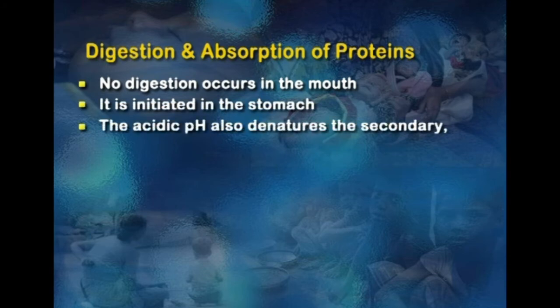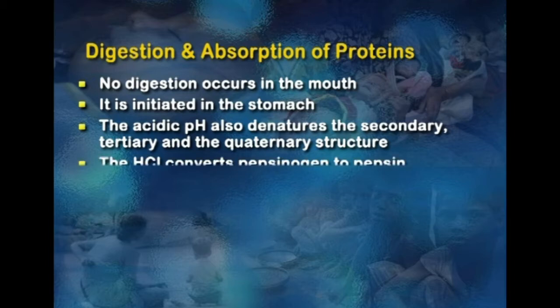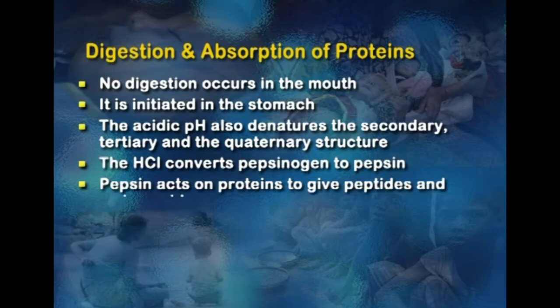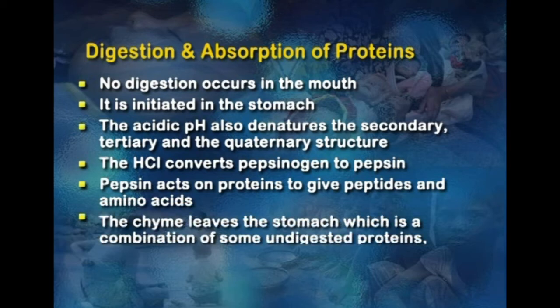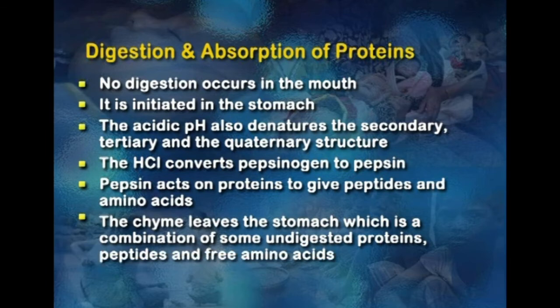The acidic pH denatures the secondary, tertiary and the quaternary structure of the protein, and the HCl converts the inactive form of pepsin, that is pepsinogen, to its active form pepsin. Pepsin acts on proteins to give peptides as well as free amino acids. The incompletely digested chyme leaves the stomach, which is a combination of some undigested proteins, peptides and also some free amino acids.